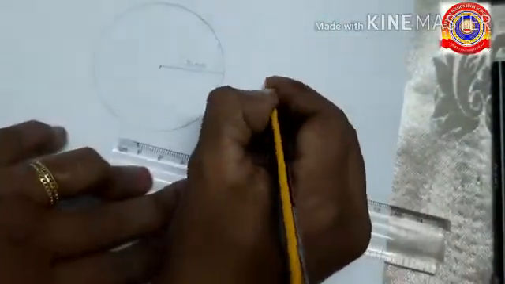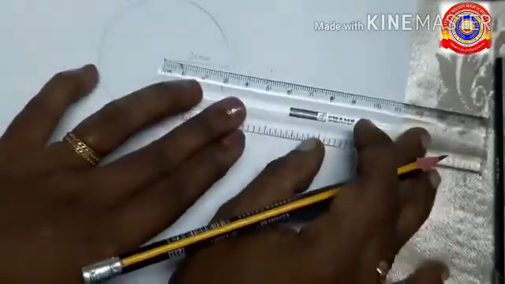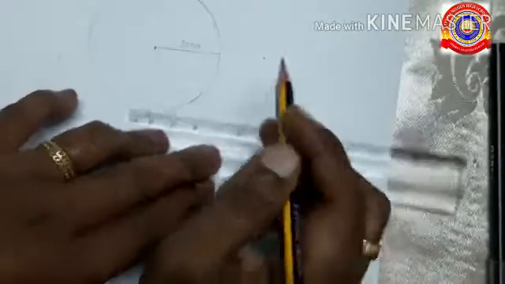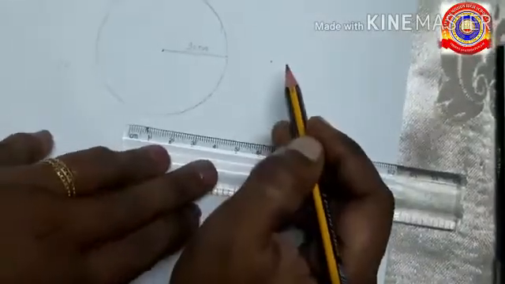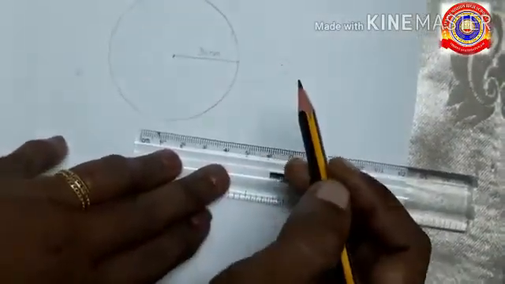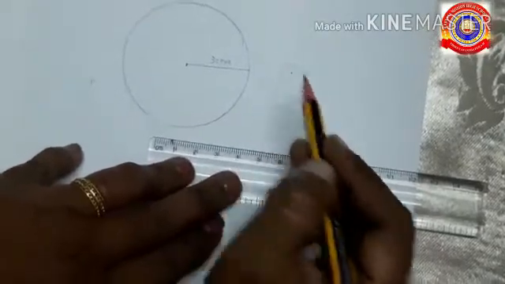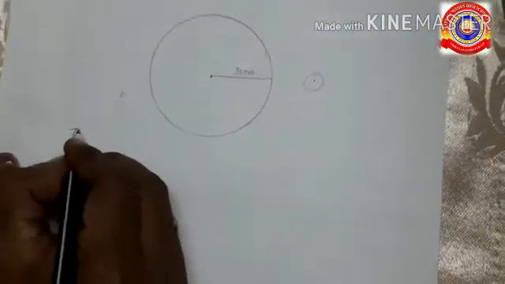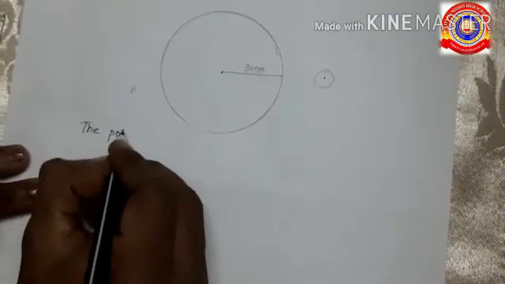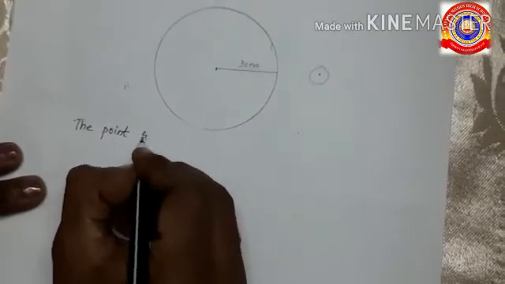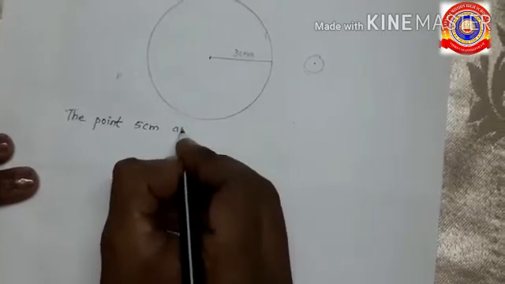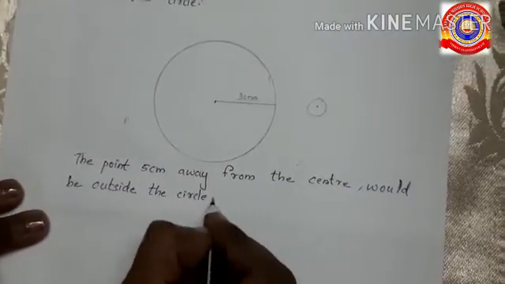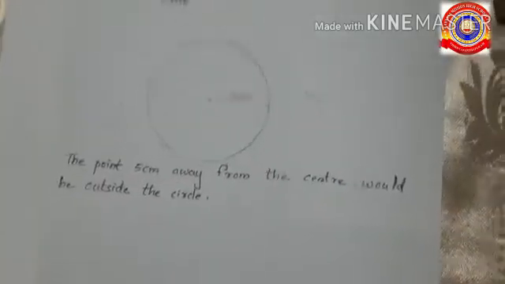Here I had marked a point 5 centimeter away from the center. Is it inside or outside the circle? The point 5 centimeter away from the center of a circle of radius 3 centimeter would be definitely outside the circle. Is it clear for you?